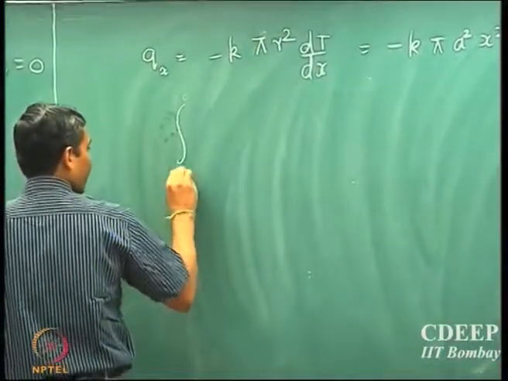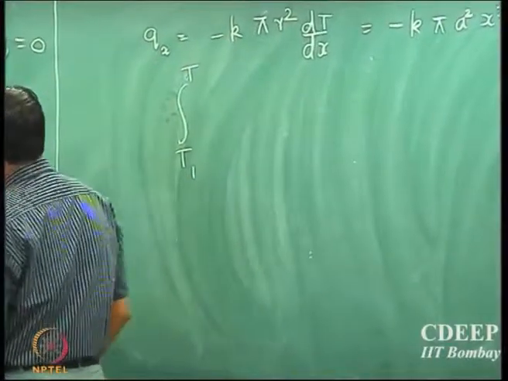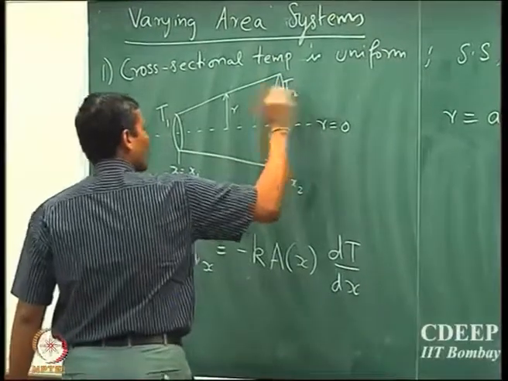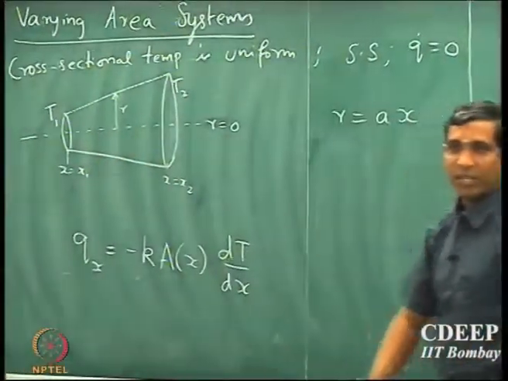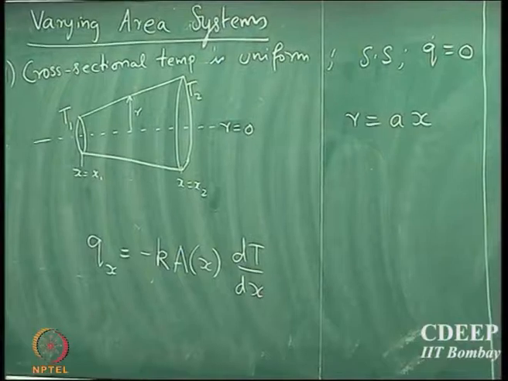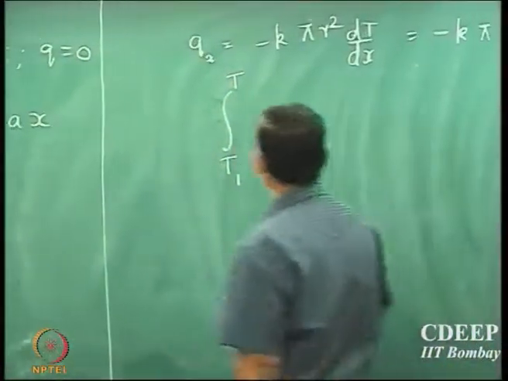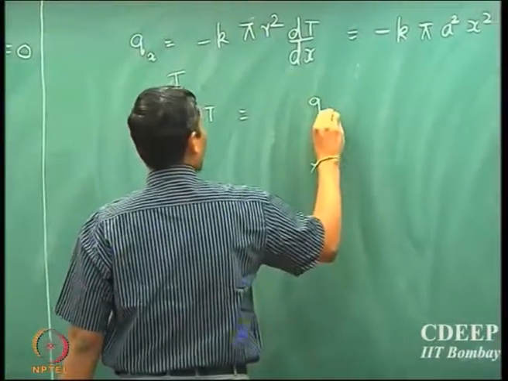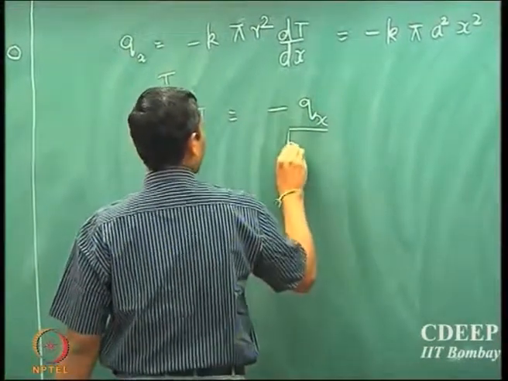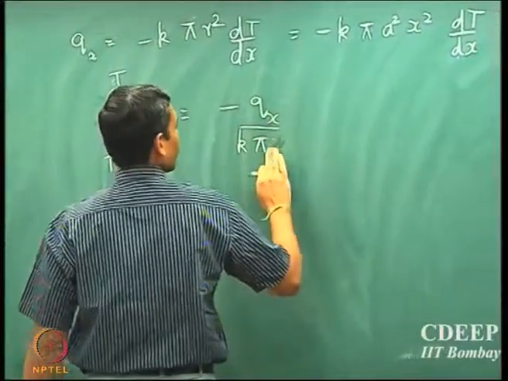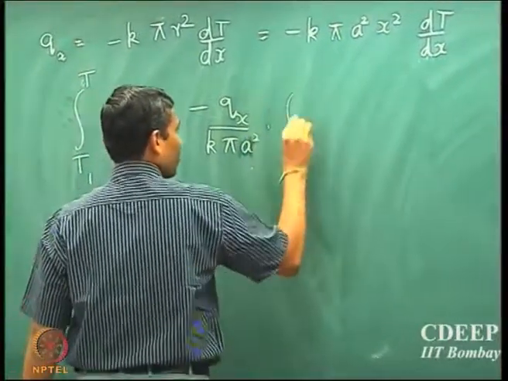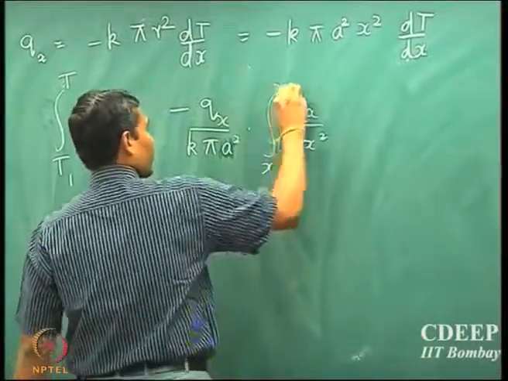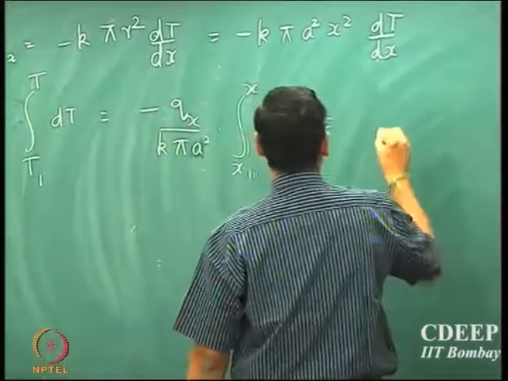Supposing I integrate between T1 and T, where T1 is the temperature at the boundary of this system. That is equal to minus Qx by k pi a square into dx by x square going from x1 to x. That is a pretty simple integration.